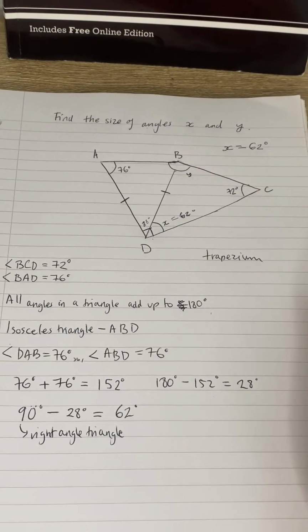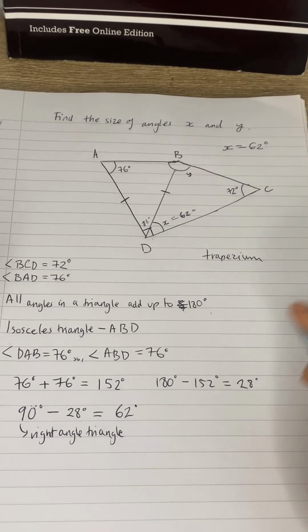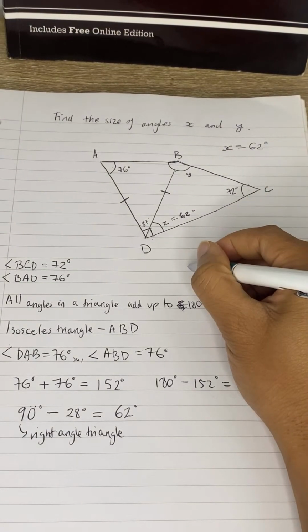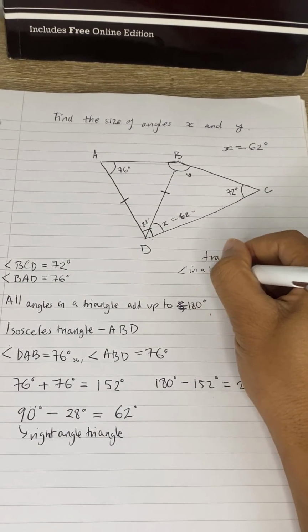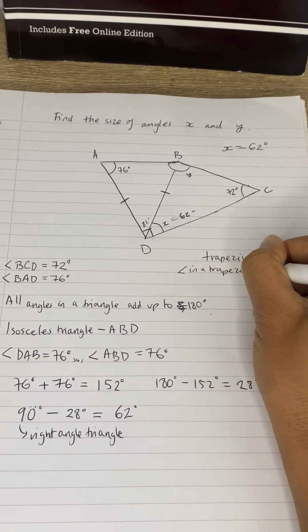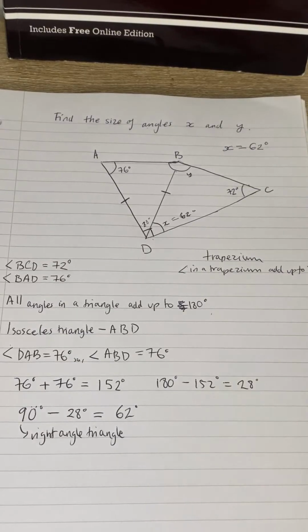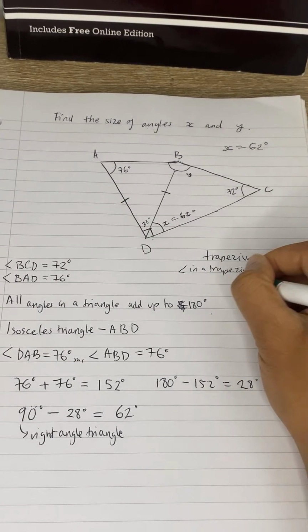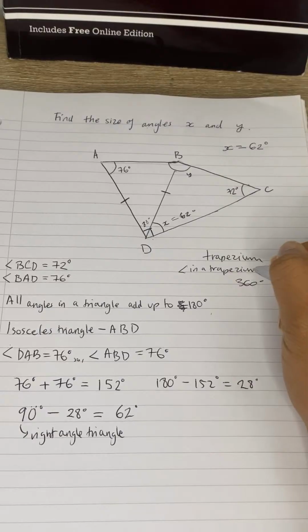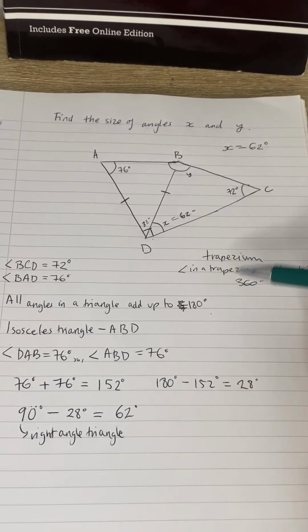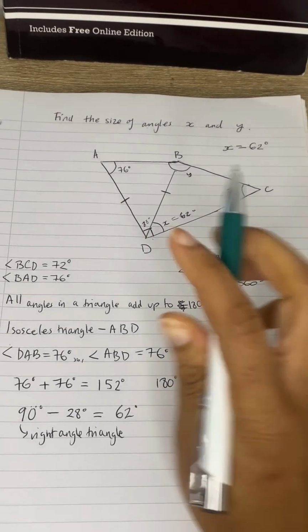How do the angles in a trapezium add up? They add up to 360 degrees, because any shape that has four sides adds up to 360, not 180.